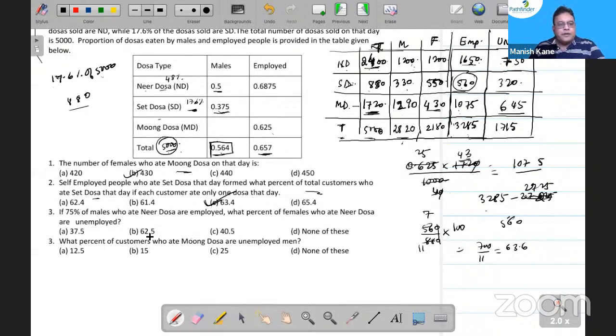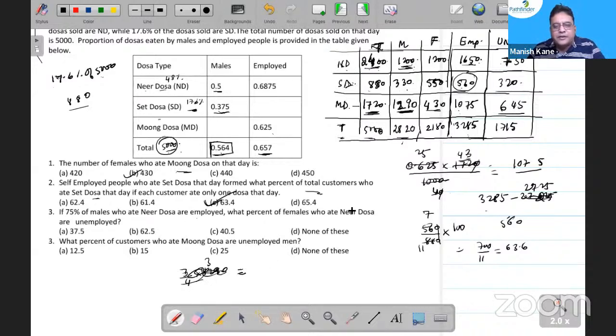What else? If 75% of males who ate neer dosa are employed, so 75% of males who ate neer dosa. So 75% is nothing but 3/4. Now, oh sorry, neer dosa we are talking of. So males, neer dosa are 1200 males.